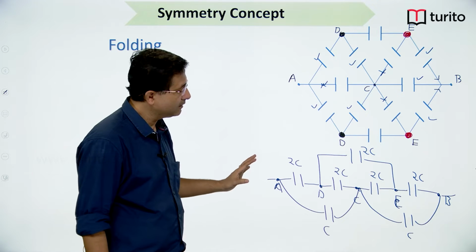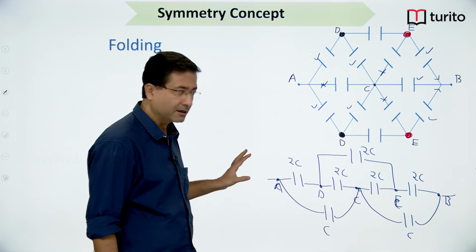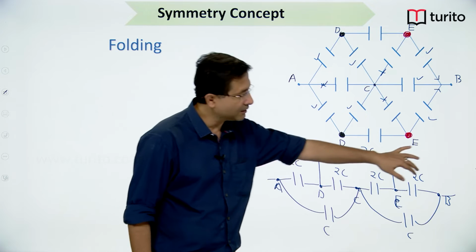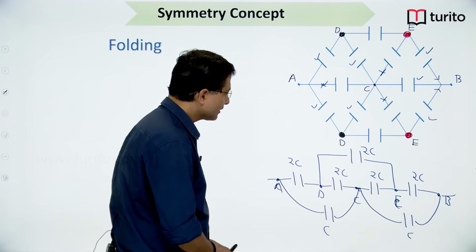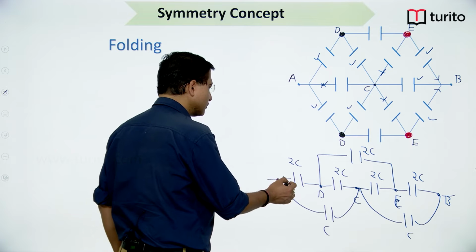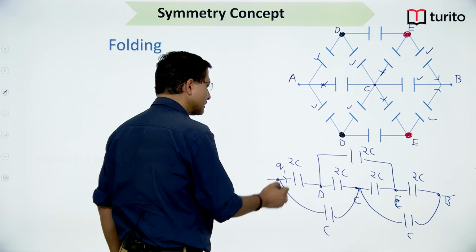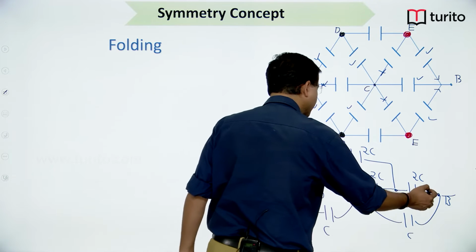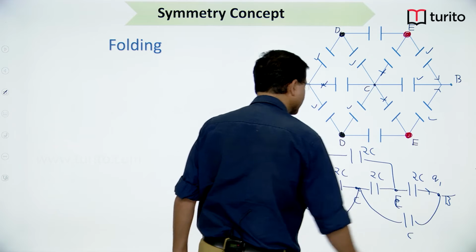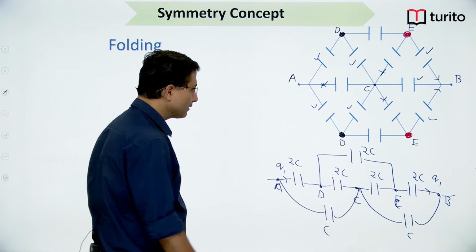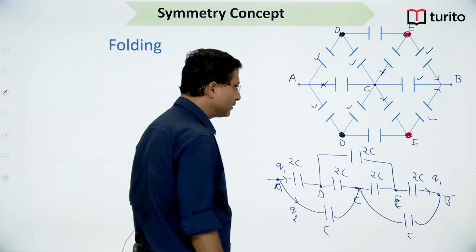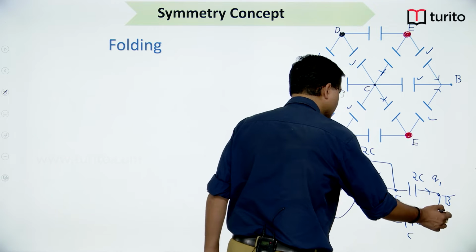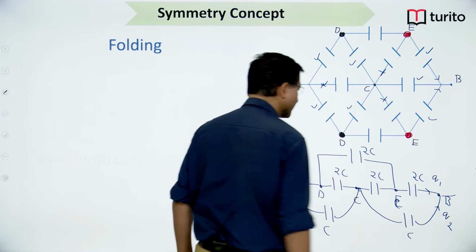Now as we can see, there is input output symmetry. Whatever I am getting from this side, same thing I am getting from this side. So there is input output symmetry. That means whatever charge is given to this, let us say Q1, that will be given back by this branch, Q1, and whatever is given to this one, that is Q2, that will be given back by this Q2.